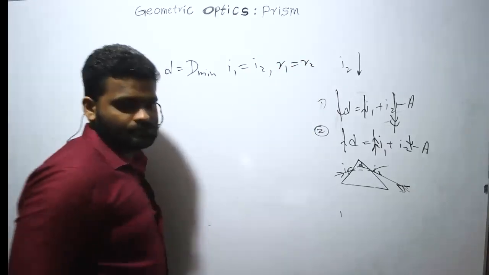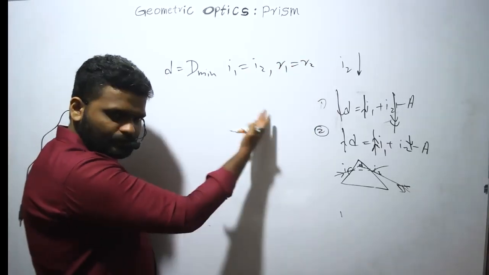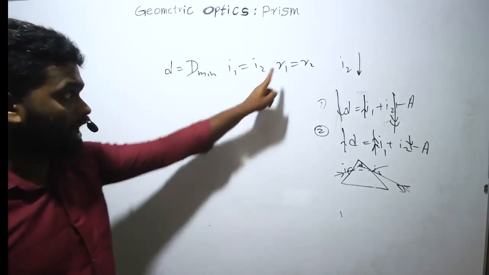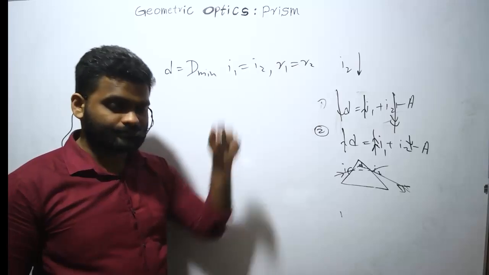R1 equals R2. If I1 and I2 are equal, R1 and R2 also should be equal, right? Okay, R1 equals R2.